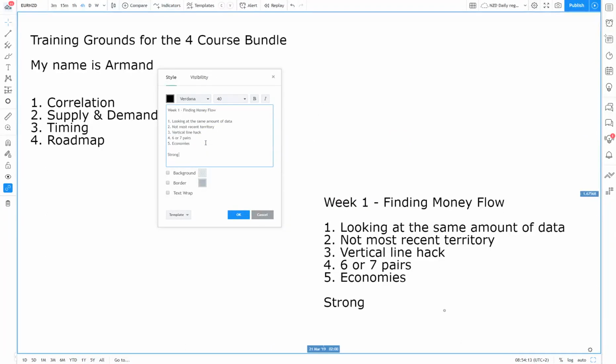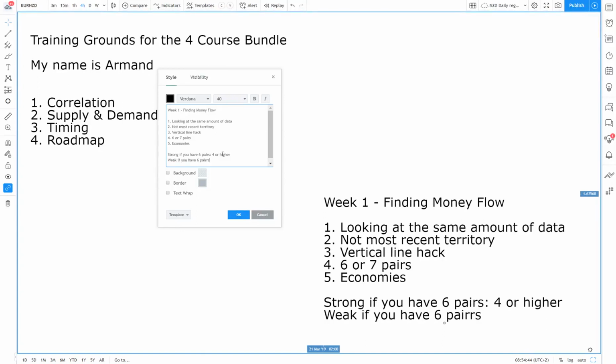So strong, if you have 6 pairs, is anything that is 4 or above. Okay, let me write that out fully. 4 or higher, actually, that would be better English. Then weak, if you have 6 pairs, is -4 or lower.